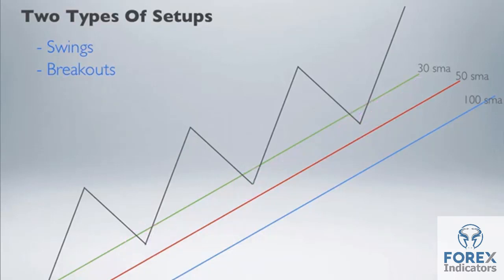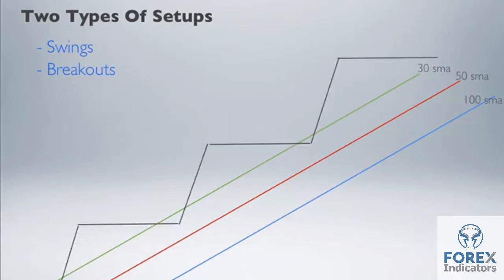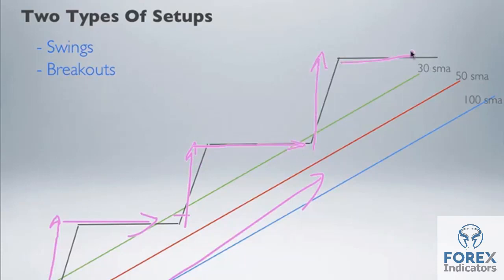The other type of setup, the breakouts, presents itself whenever we see what I call a staircase formation. Which basically means having price giving us a thrust in the direction of the trend, followed by a little bit of congestion, sideways price action, yet another breakout and another thrust in the direction of the moving averages, another congestion area, yet another thrust, and so on and so forth.